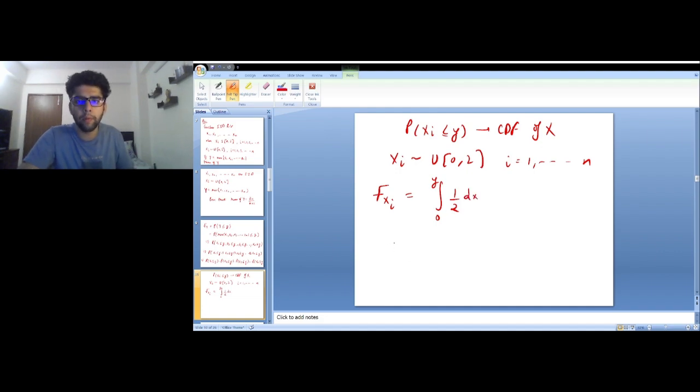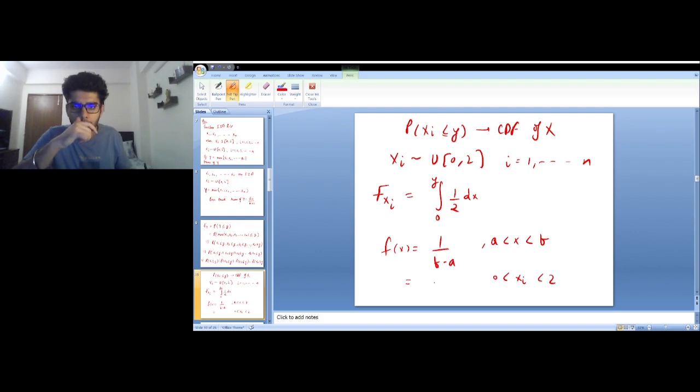Because the PDF of a uniformly distributed random variable is always f of x equal to 1 upon b minus a, where x lies between a and b. Here b was equal to 2 because xi lies between 0 and 2.